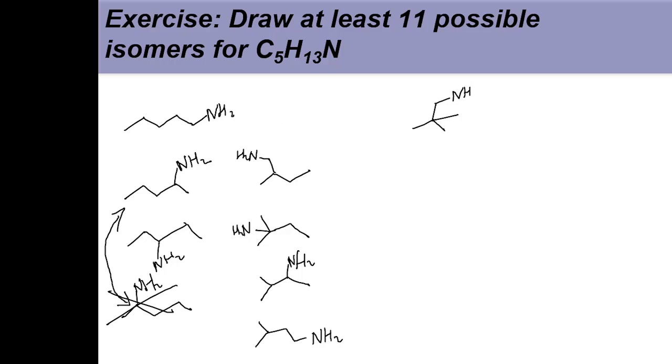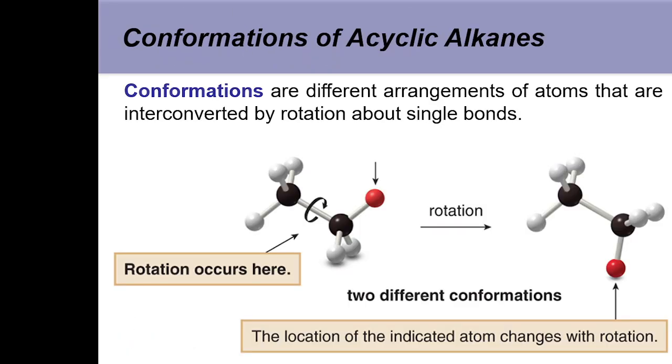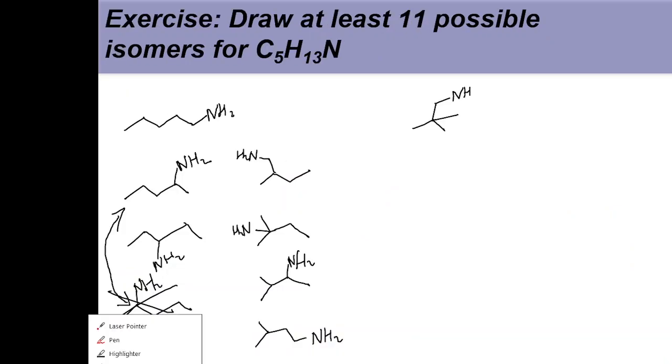So with the current drawing, we've already come up with eight isomers of C5H13N.